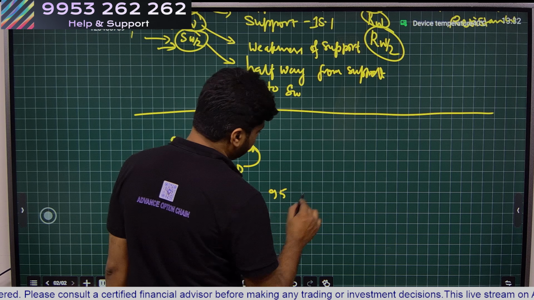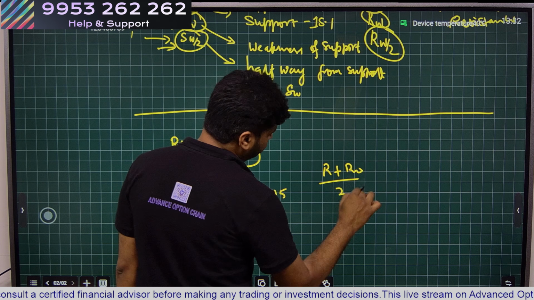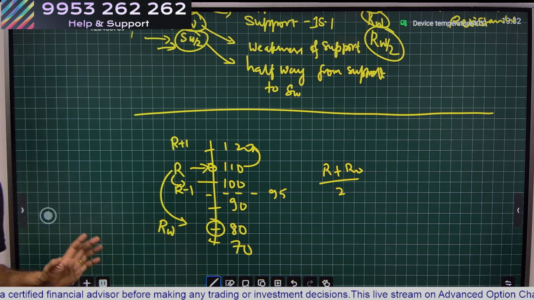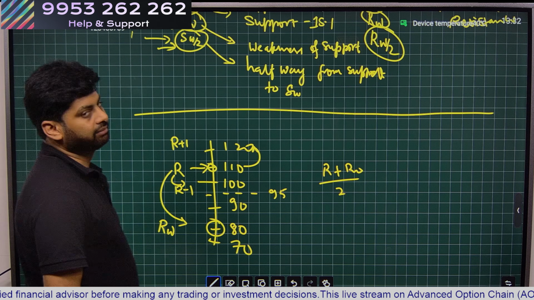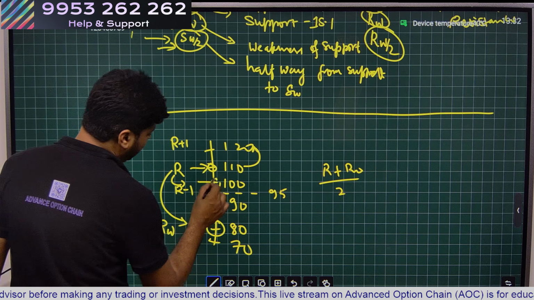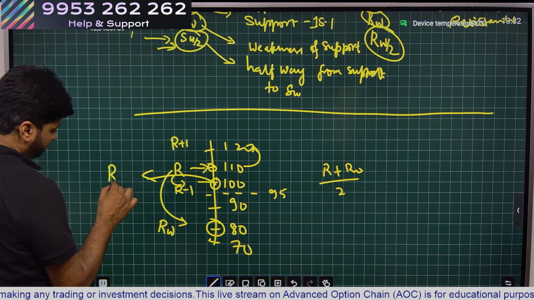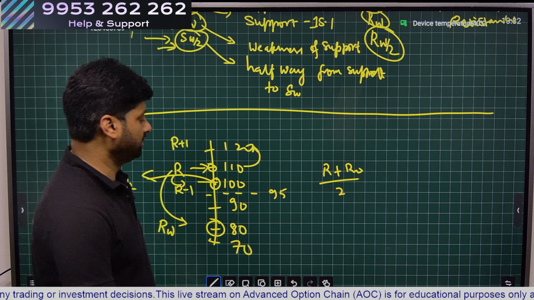That means RW by 2 is 95, but we do not have a 95 strike price. So for R, we will consider the higher strike price as RW by 2.